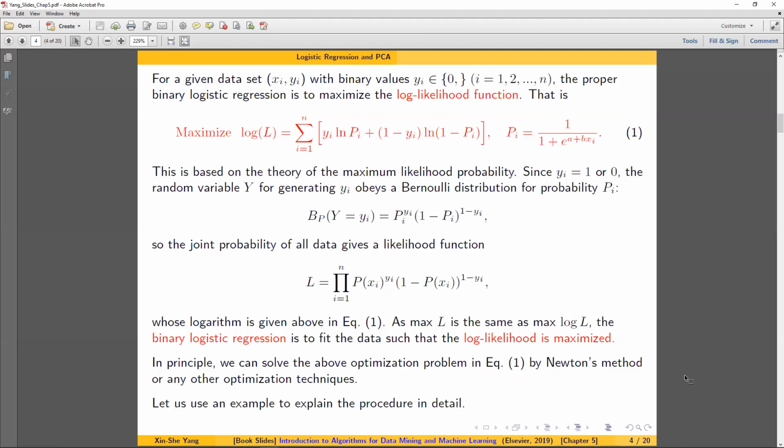Okay, so here actually is missing an important step, that is log. Yes, the likelihood function is this, but the log likelihood, log L, should be a summation of the log of each one of them.